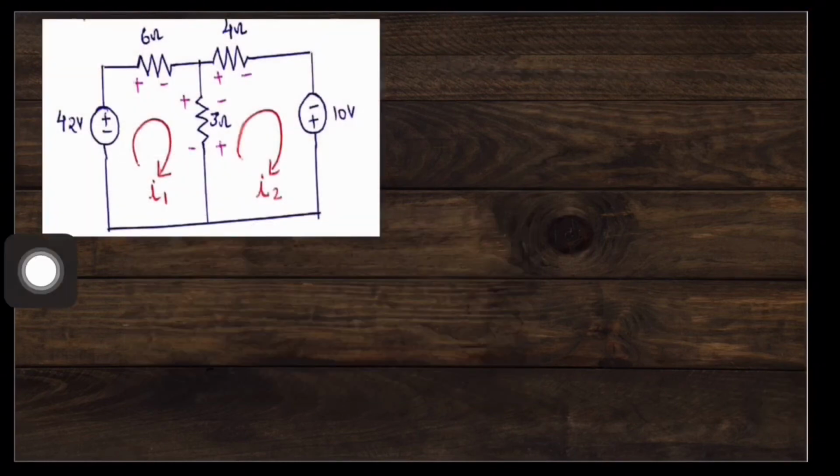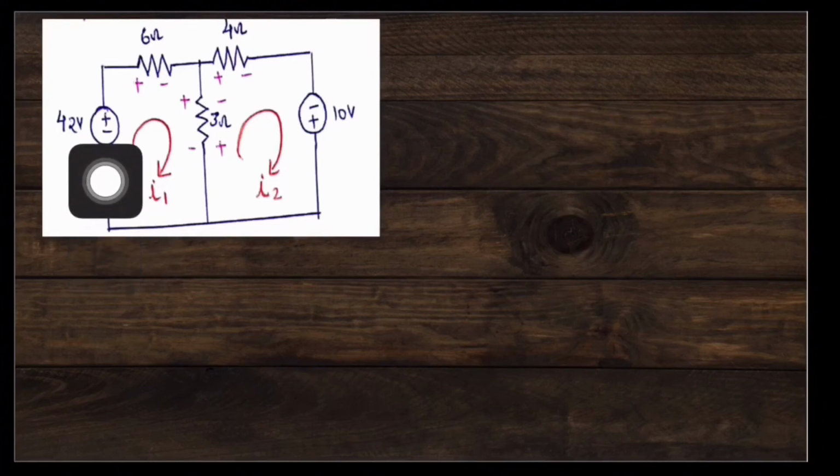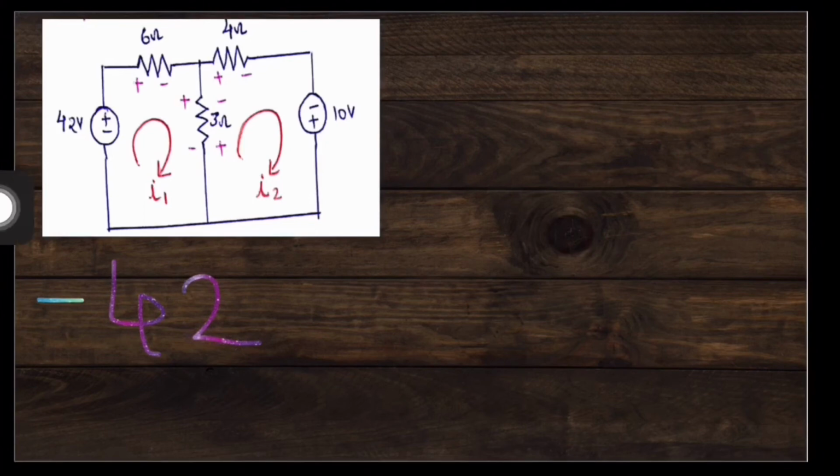So this is the network to be analyzed. First we are going to write KVL in this loop in clockwise direction. Starting at this point, first we observe this voltage source with the polarity mark in the order minus plus. So we can start our KVL equation with the minus 42. Then the voltage drop across this 6 ohm.